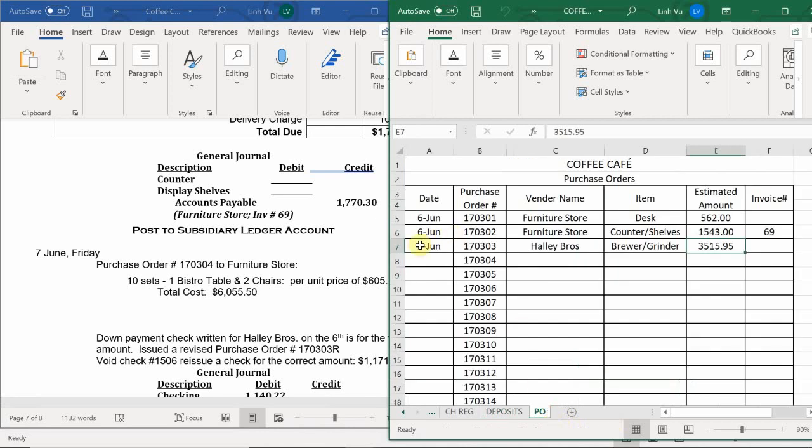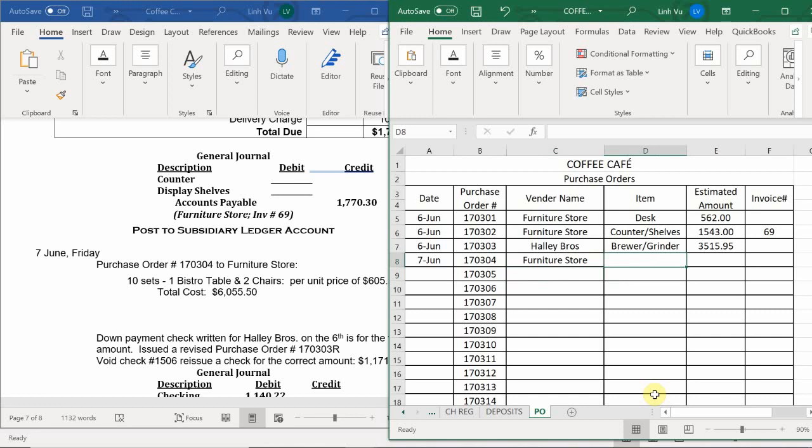Purchase orders. Okay. It is the 7th of June. Okay, and here for purchase order number 170304. Who did we buy from? Furniture store. What did we buy?